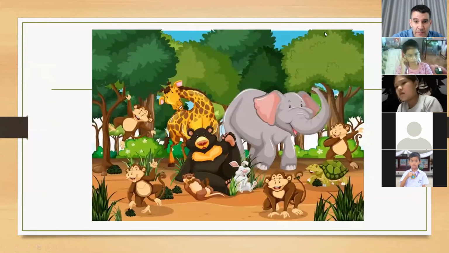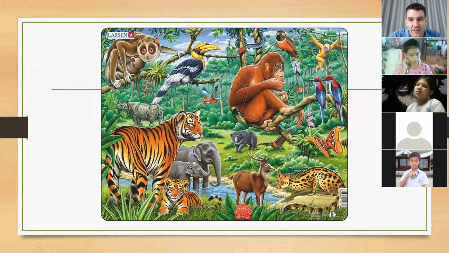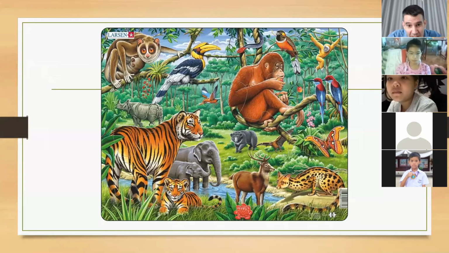Okay, so next example, our next picture. This one has a lot of different animals. So there is no giraffe in this one. There is one monkey. There are elephants, birds, rhinoceros or rhino, butterfly, snake, trees.